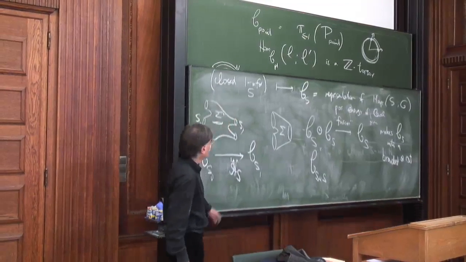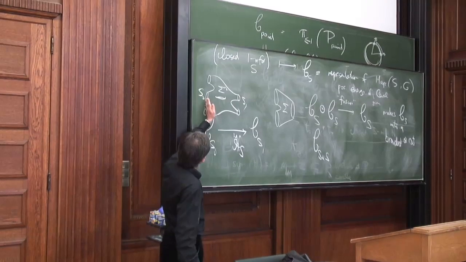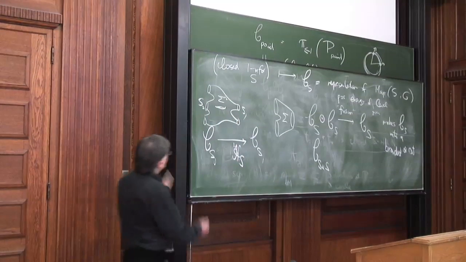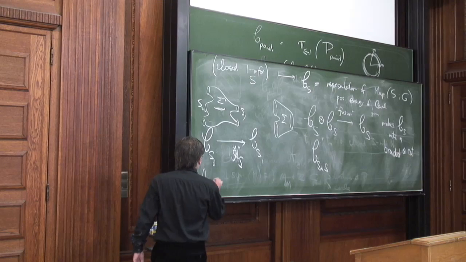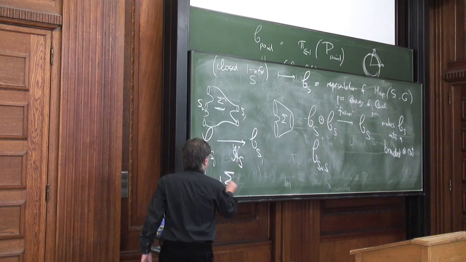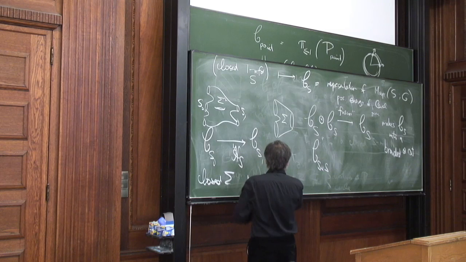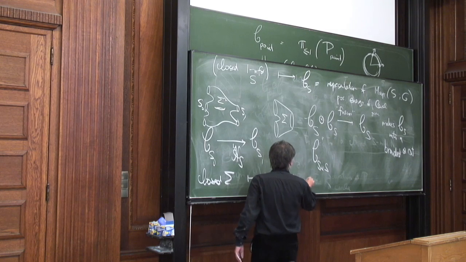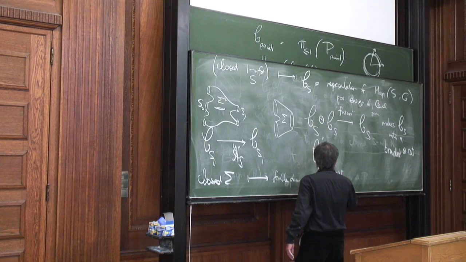And finally, in particular, you see, if we had a surface which was closed, a closed sigma, that will go to a finite dimensional vector space, H sigma.